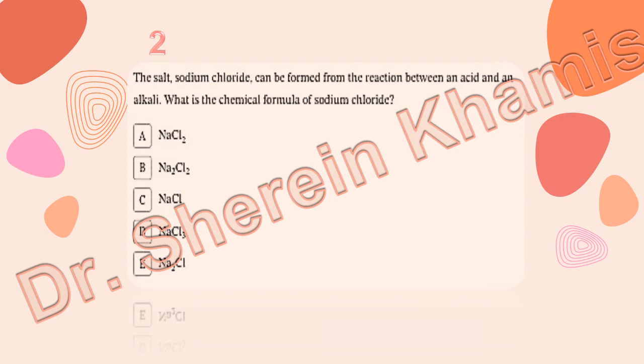So the salt consists of a positive radical followed by a negative radical. We don't have H plus at the beginning or OH negative at the end.